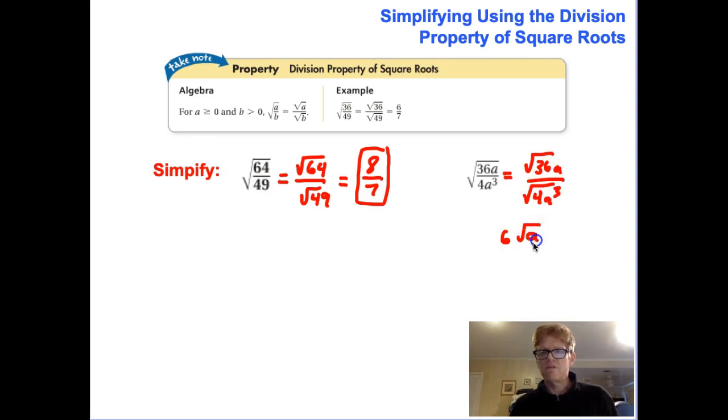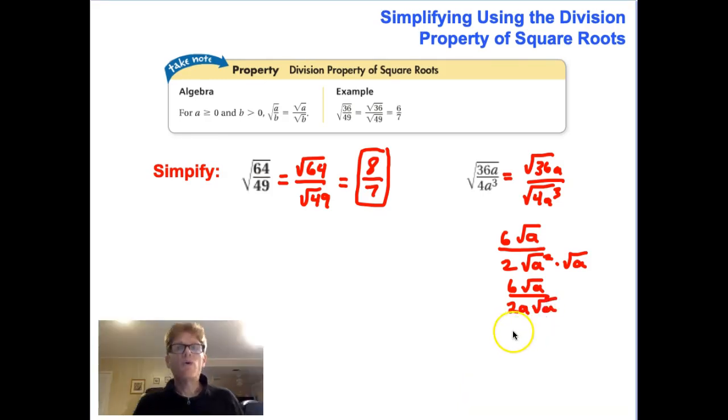The square root of 6 times the square root of a over, and we know the square root of 4 is 2. And we can split this up into a squared times square root of a, which leaves us with 6 times the square root of a over 2a square root of a.